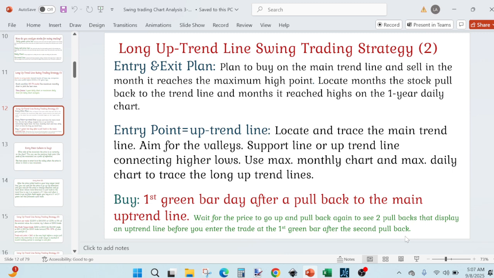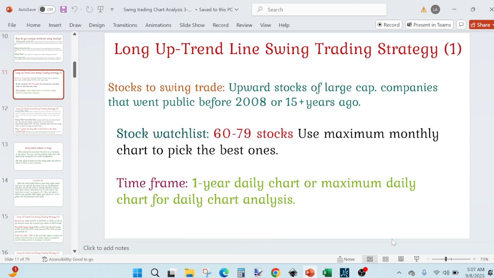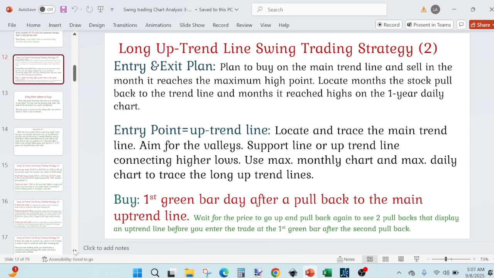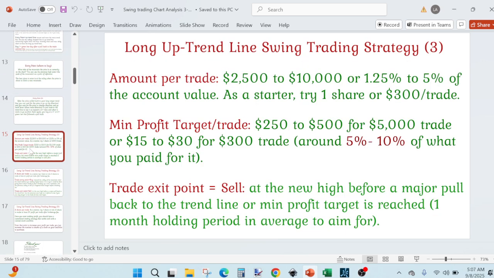And swing trading is one way to make money. You just want to start small and go from there. You will spend time working on the strategy that you like to use to swing trade or to invest.